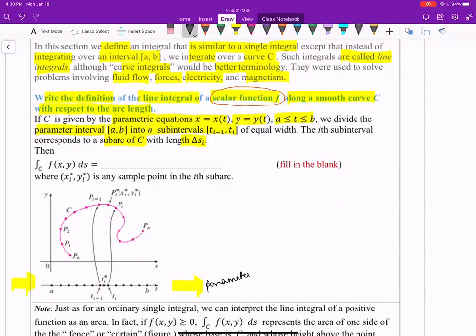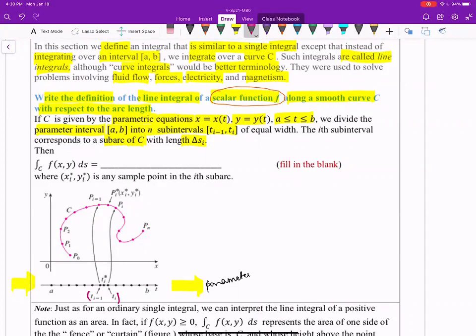We are looking at the ith subinterval from t_{i-1} to t_i, and the corresponding arc, which is from P_{i-1} to P_i. The generic point on that arc is P_i star, x_i star, y_i star.